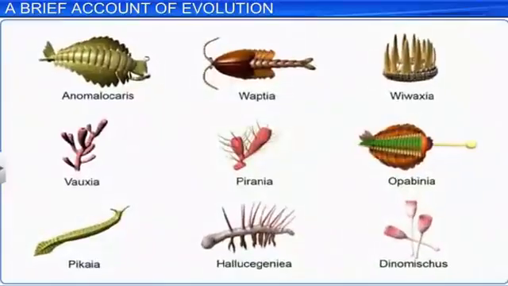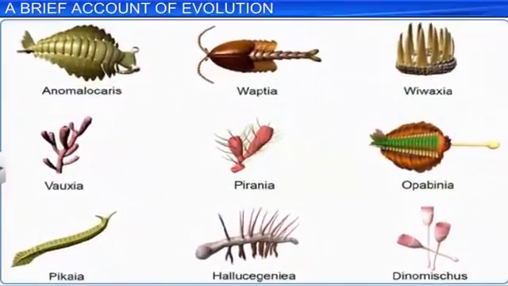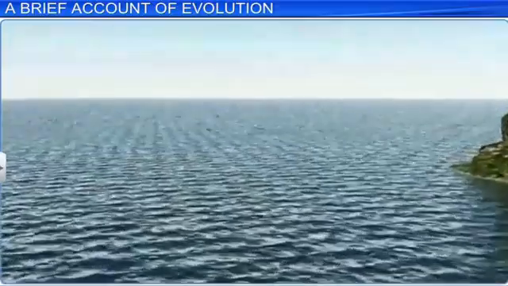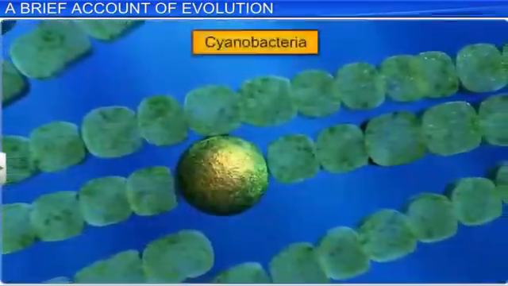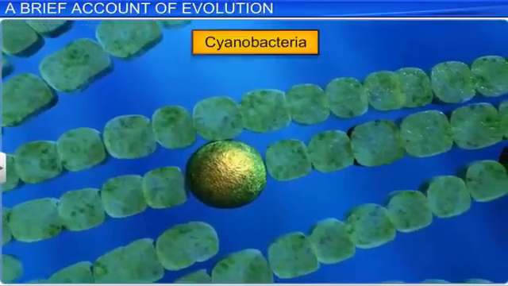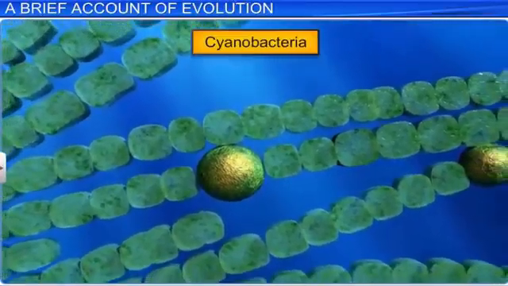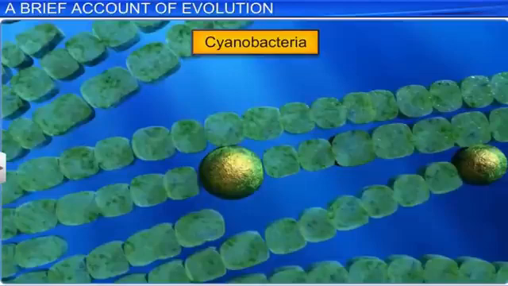The study of evolution is not complete without considering how the first form of life came into being. The unicellular organism cyanobacteria, or blue-green algae, was the first form of life on Earth around 2,000 million years ago.